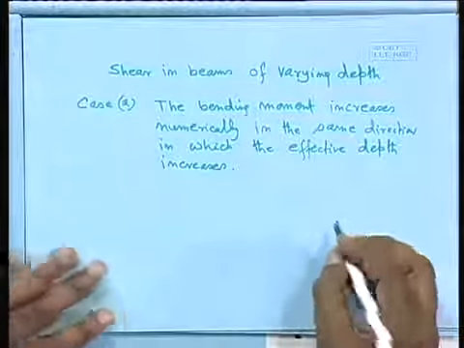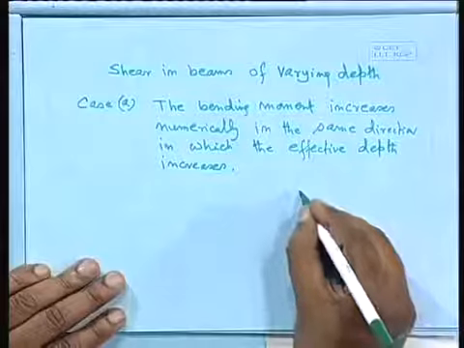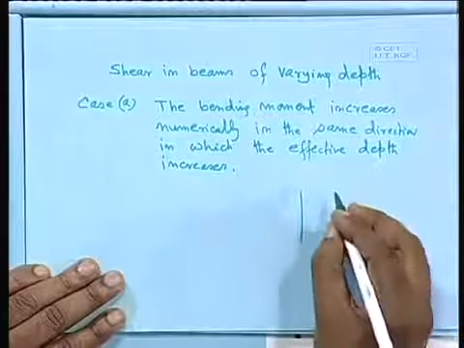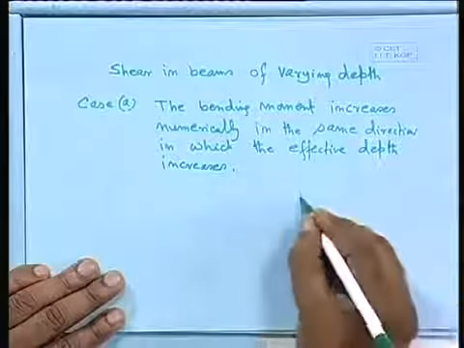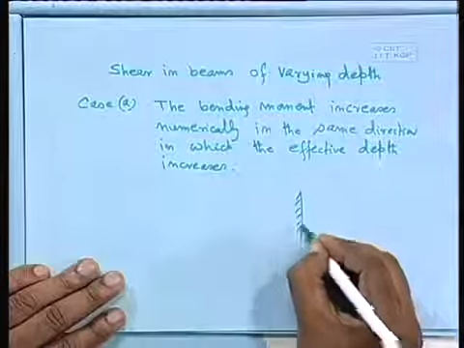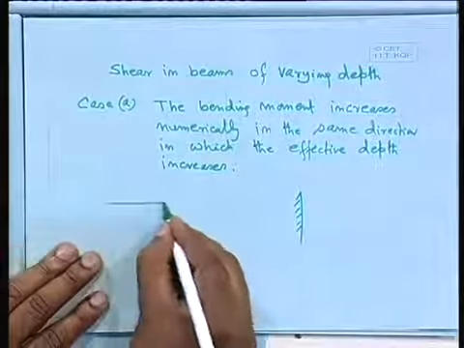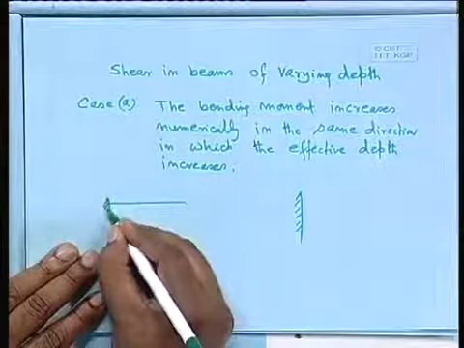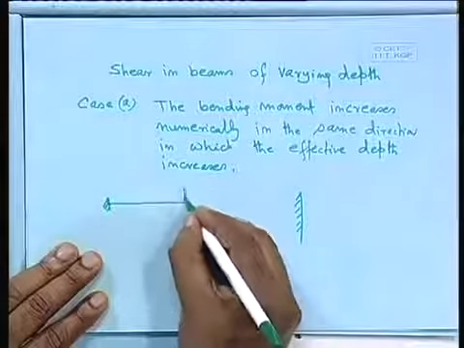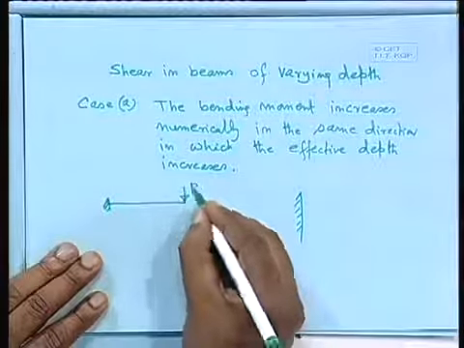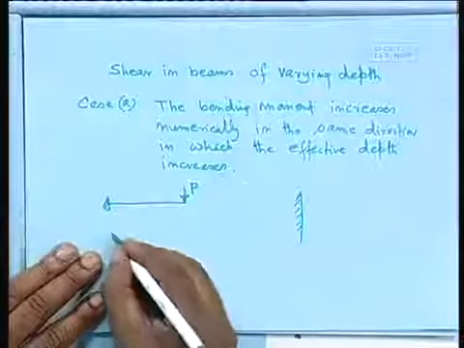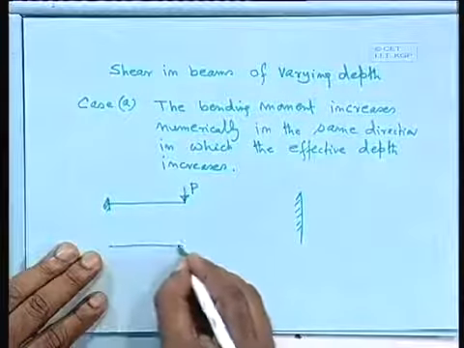It means, particularly in the cantilever beam, let us say this is your cantilever beam and we have a certain concentrated load P or say UDL. Then what about the bending moment diagram?